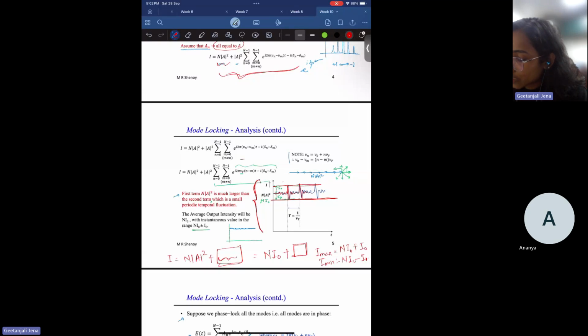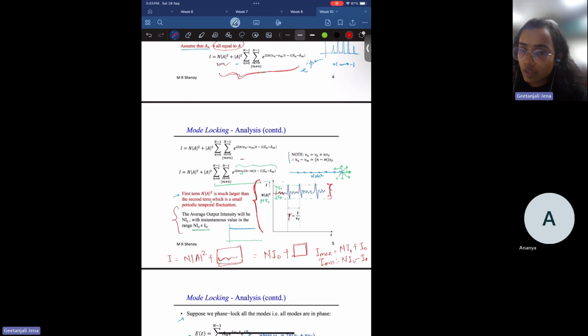Although this oscillation is periodic, because of the random relation between the phases, you see an intensity output like this. So this diagram is for the case where you have random phase relation between the longitudinal modes, and the separation between them is T equal to 1 by tau.